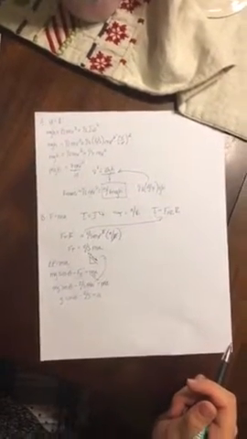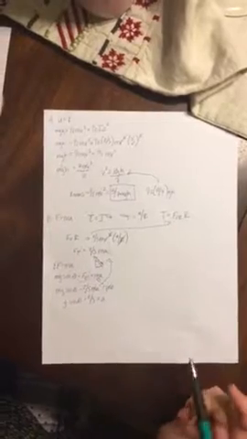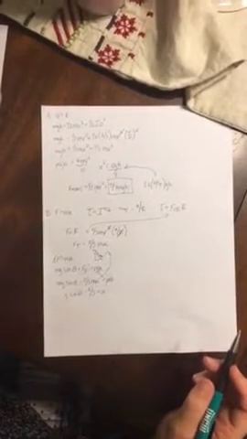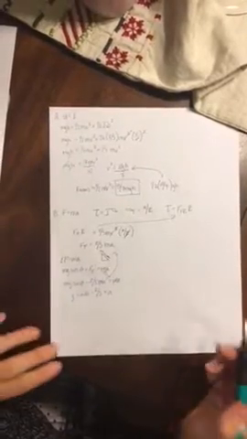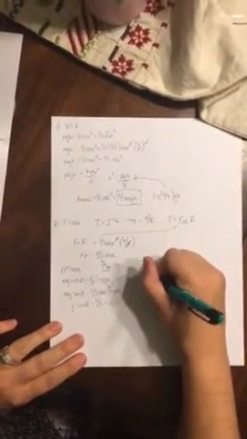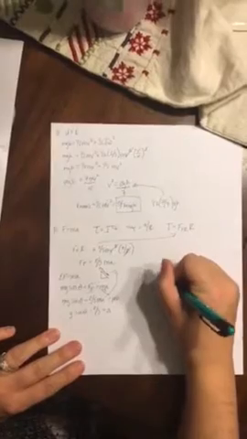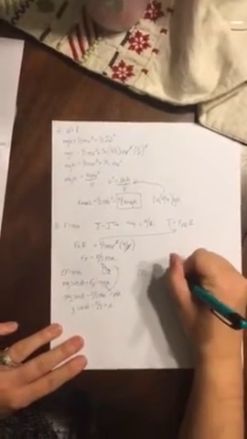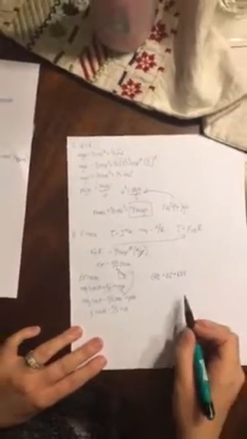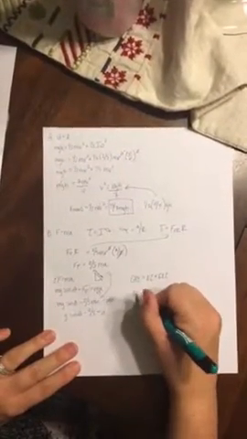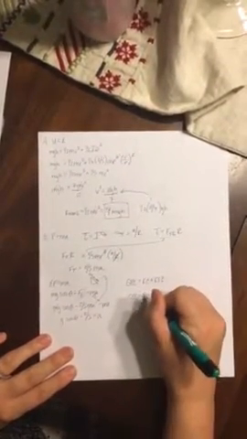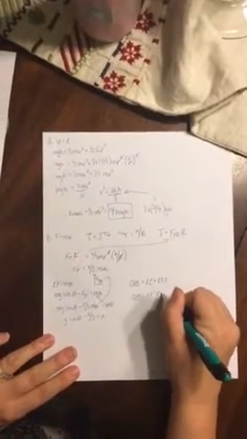Now B is asking for your rotational kinetic energy at the bottom. If you look at this equation, GPE is equal to KE plus RKE, right? We learned that from the beginning. So now in order to get RKE on its own, you have to do GPE minus KE is equal to RKE.